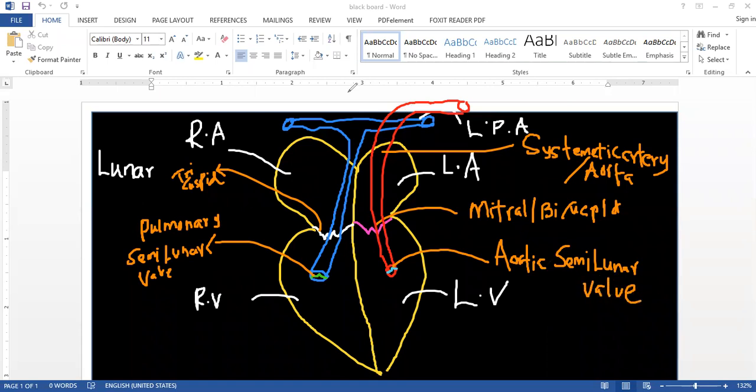Then there are two main veins, which we call pulmonary veins. The pulmonary veins are coming here, so I'm just erasing and taking that one to here. It's easy. These two veins carry blood to the heart.